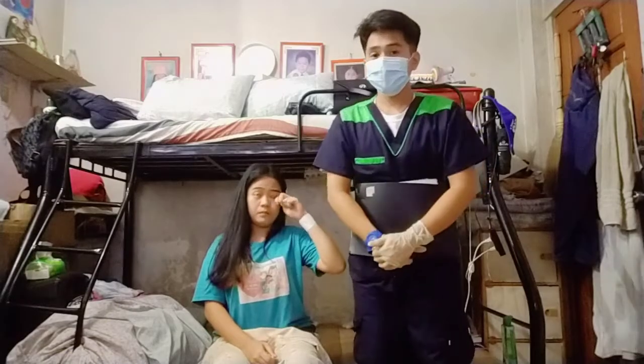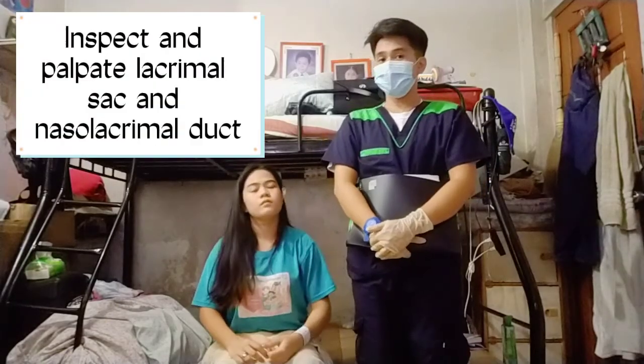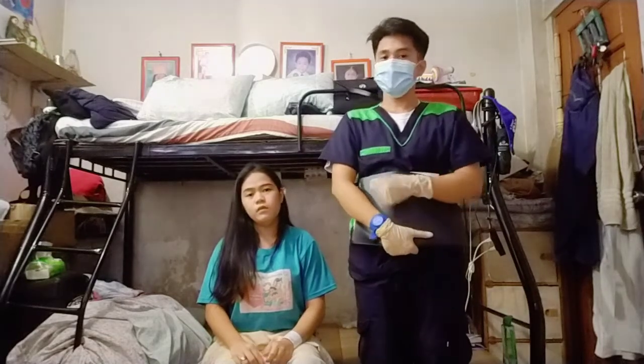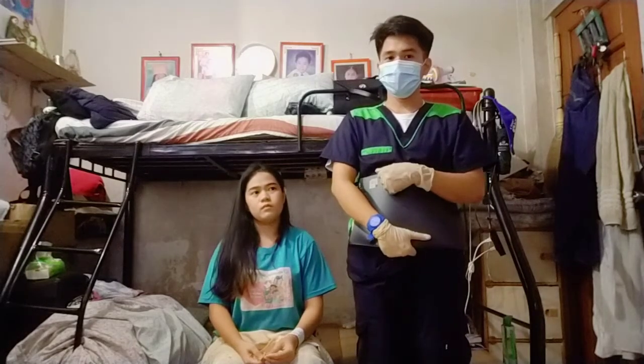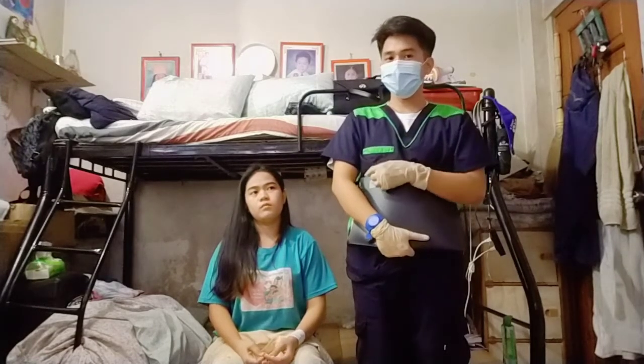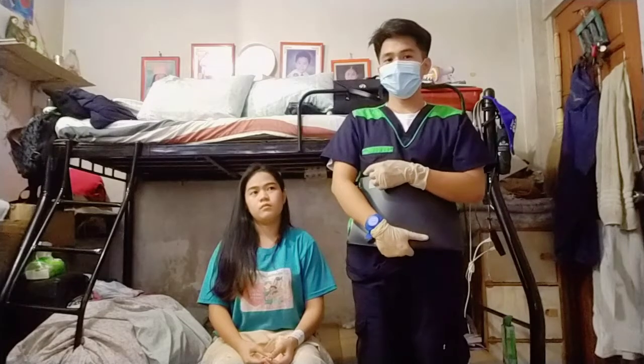So the next part is I should inspect and palpate for the lacrimal sac and the nasolacrimal duct, and I should observe the evidence of increased tearing by using the tip of my index fingers, and I should palpate inside the orbital rim near the inner canthus.